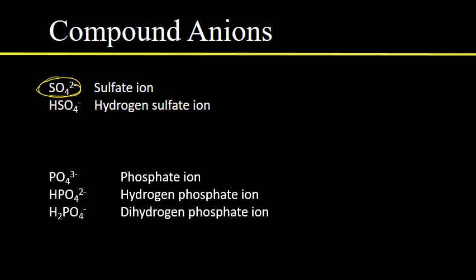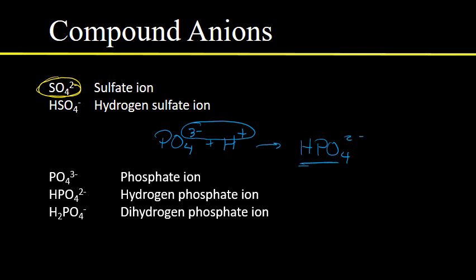Phosphate is -3. If we add a hydrogen to that, hydrogen is +1, so our new formula becomes HPO4, and our new charge is the -3 and the +1, which is 2-. And so this would be a hydrogen phosphate ion.